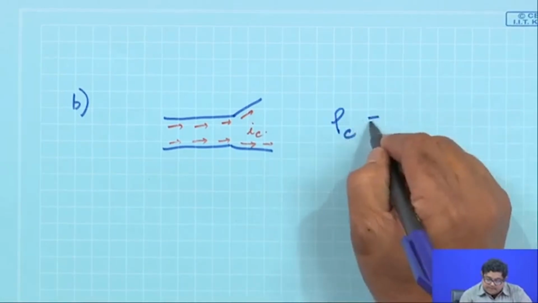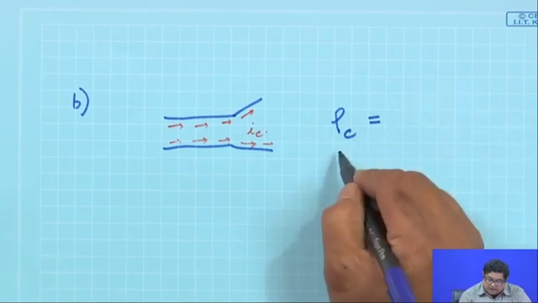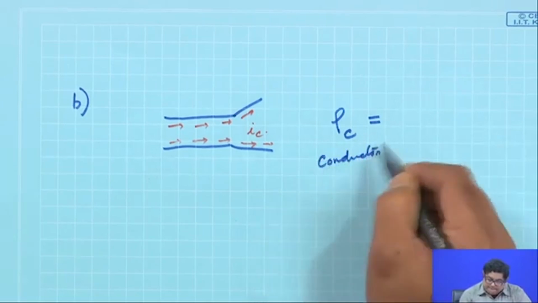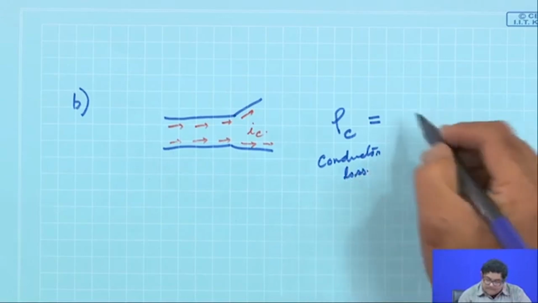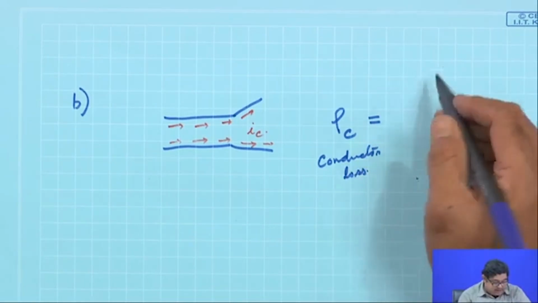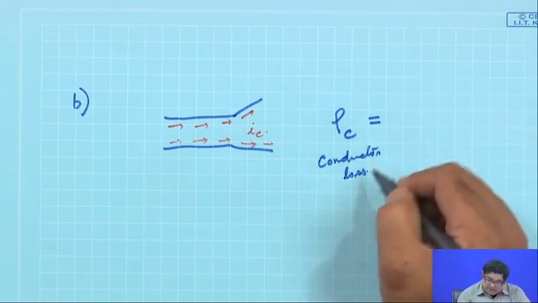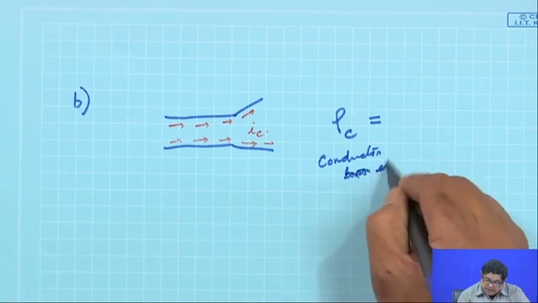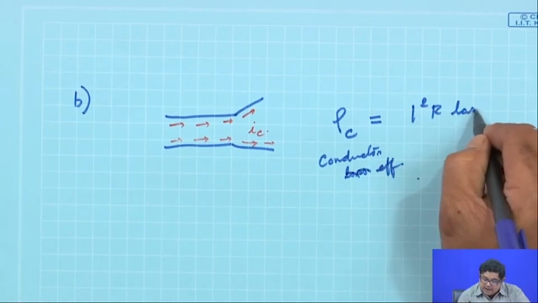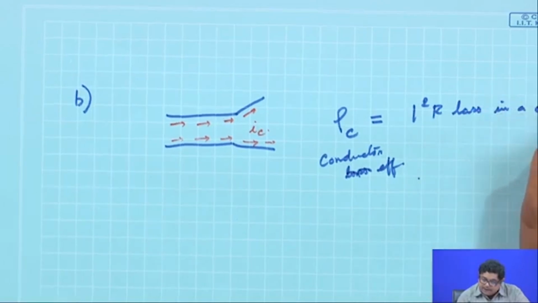This will give rise to an efficiency due to conductor loss, and later we will see how to calculate it. This is basically the conductor efficiency, the I square R loss in a conductor or metal.